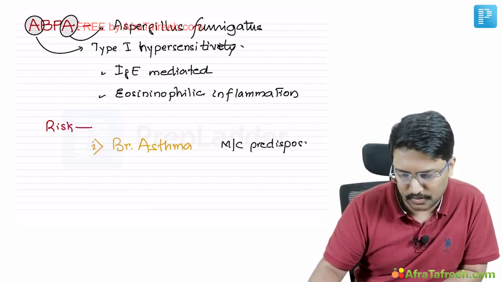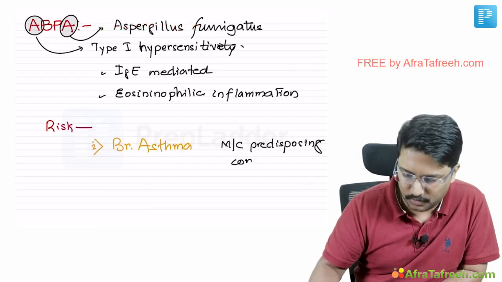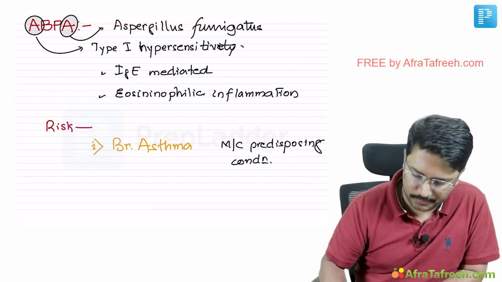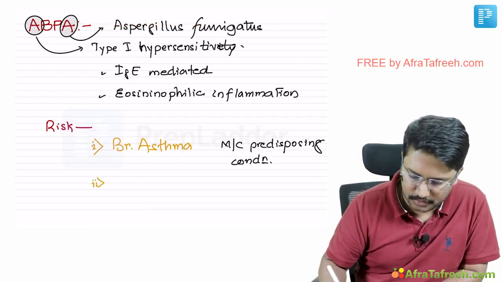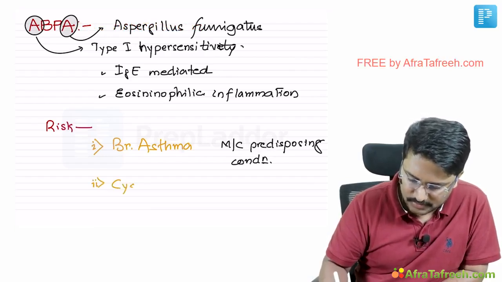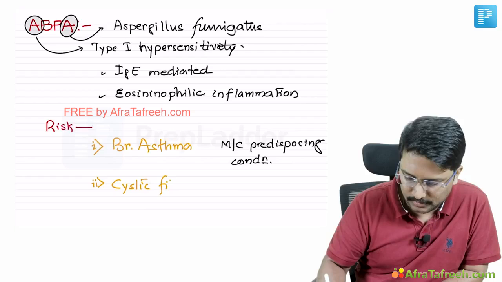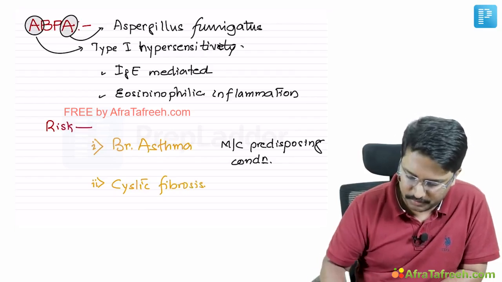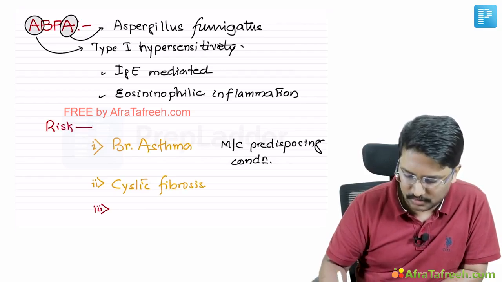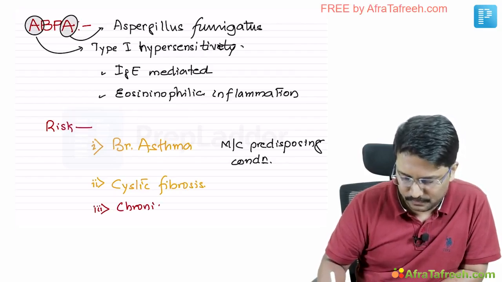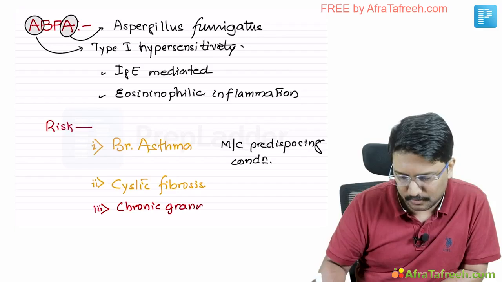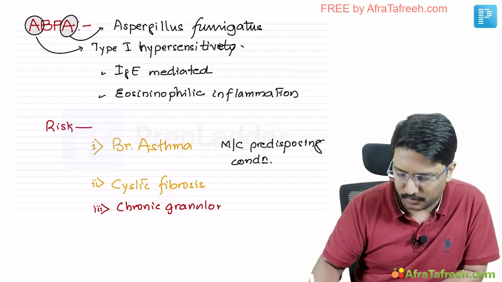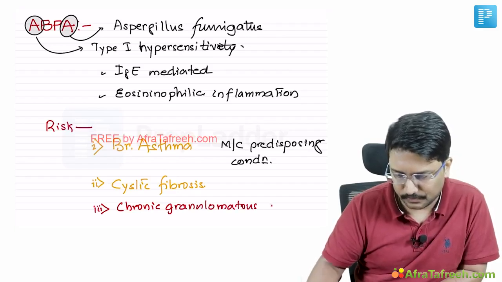The second entity we need to remember is cystic fibrosis. Do you need to remember a third entity? Yes, I want you to remember the third entity, that is chronic granulomatous disease. Not strongly associated, but still you need to remember chronic granulomatous disease or CGD.